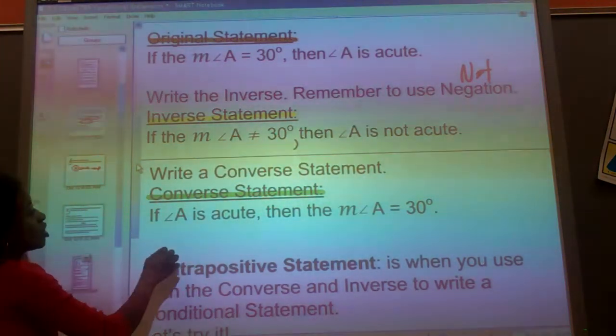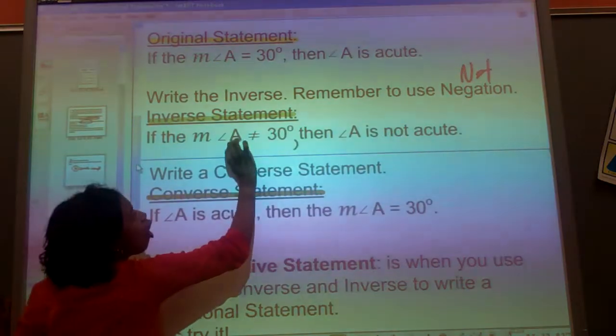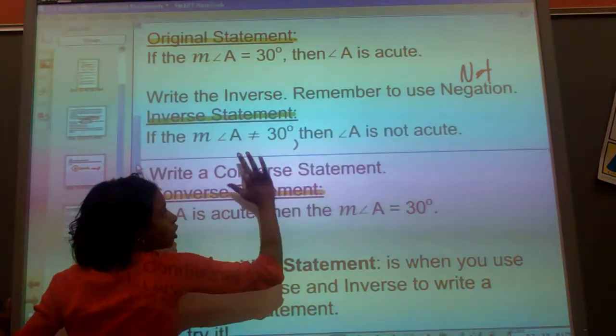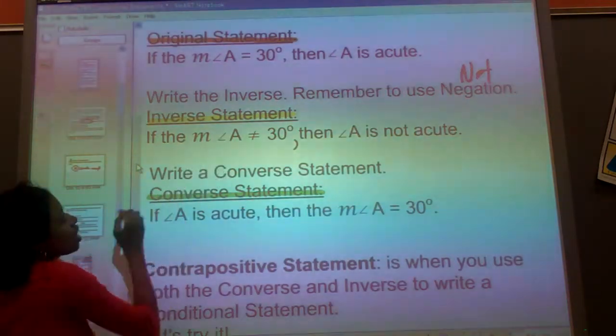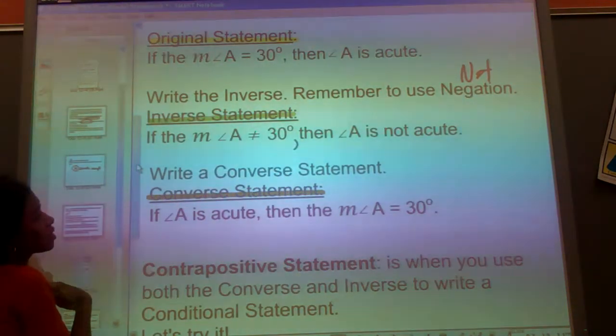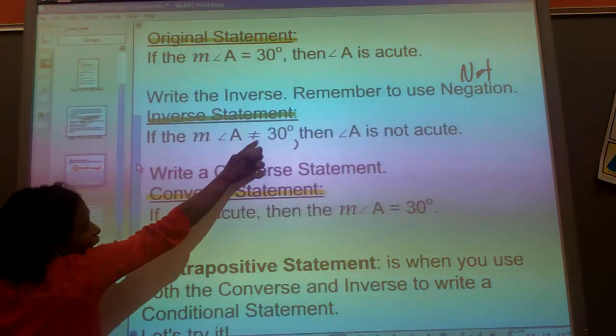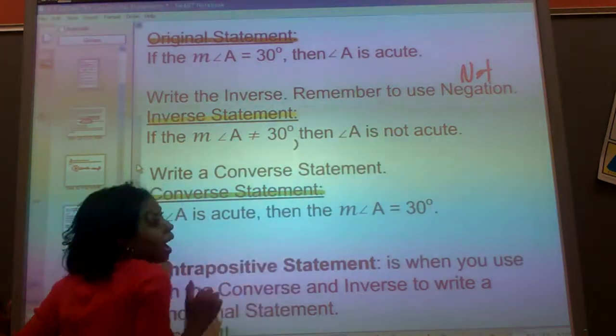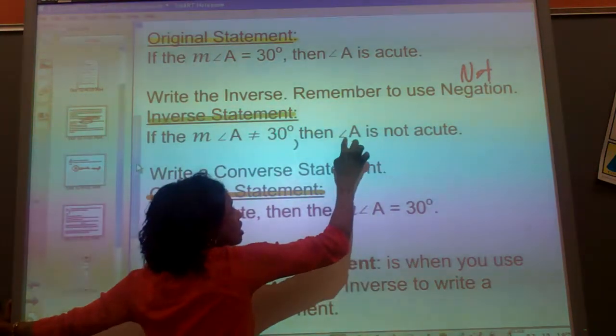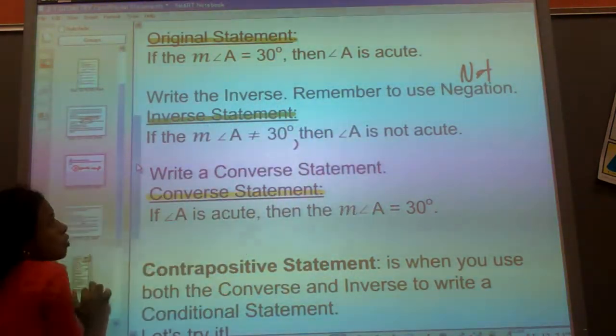But in addition to that, I have to now also switch around the hypothesis and conclusion. I've done the inverse with the not. Now I'm going to move this to the back and make the hypothesis "angle A is not acute." It's going to go to the front.